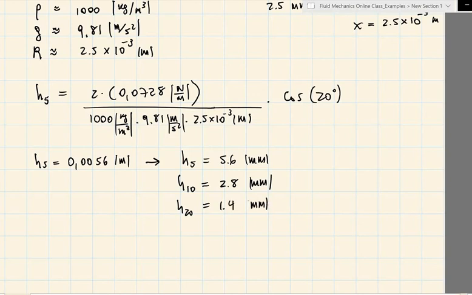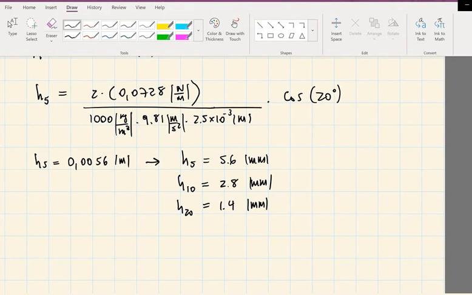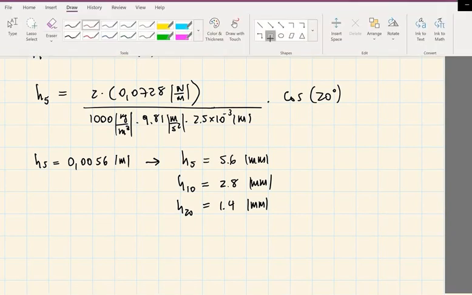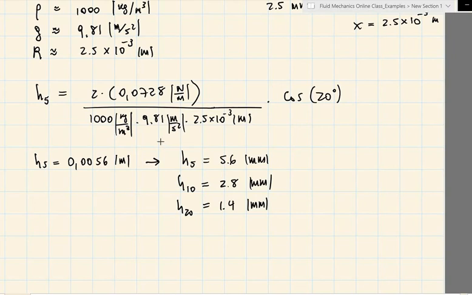And finally, when we try H20, which has a radius of 10 millimeters, you get a rise in the water column of 1.4 millimeters. As you can see, as we widen the tube, as we increase the diameter of the capillary tube, we decrease the height, or the effect of surface tension on the rise of the water.